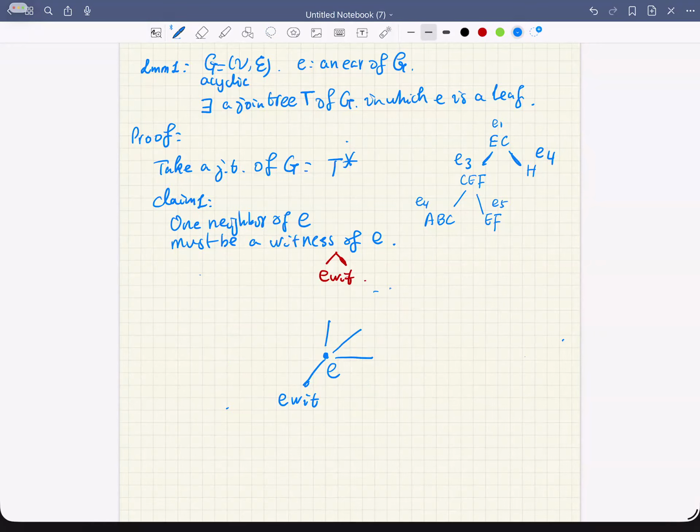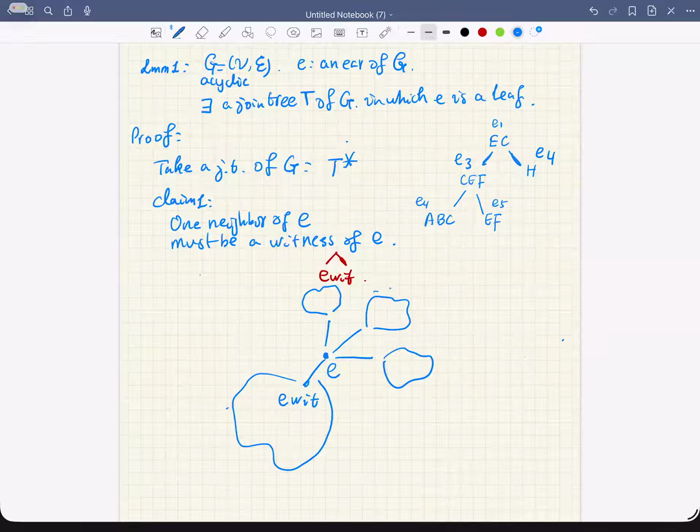So now you can see here there is some subgraph, and here there is some subgraph. And by the way, on this side, there's also some subgraph. So you look at these three neighbors. What I'm going to do is break this edge. I'll break these three edges. And then I create three new edges.